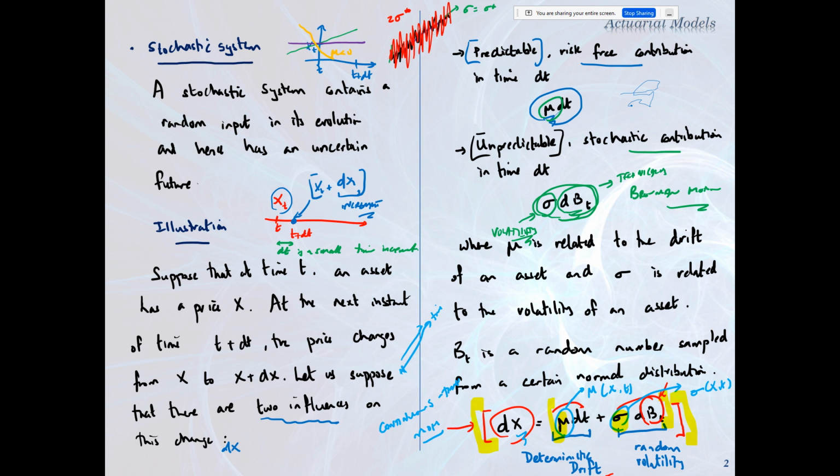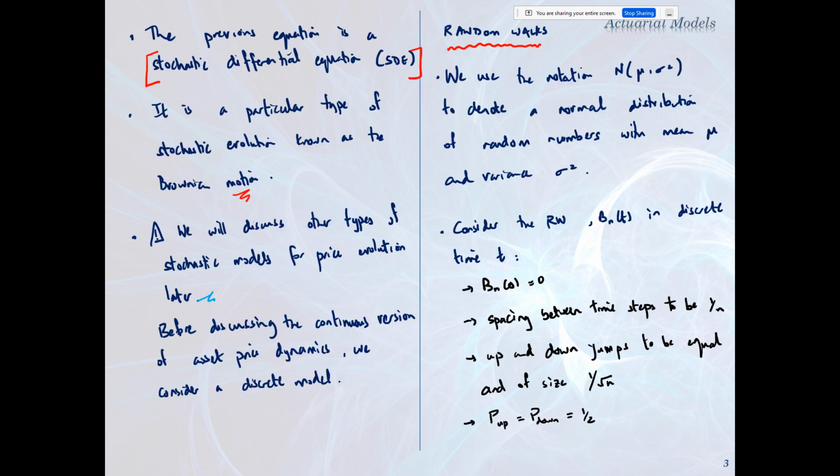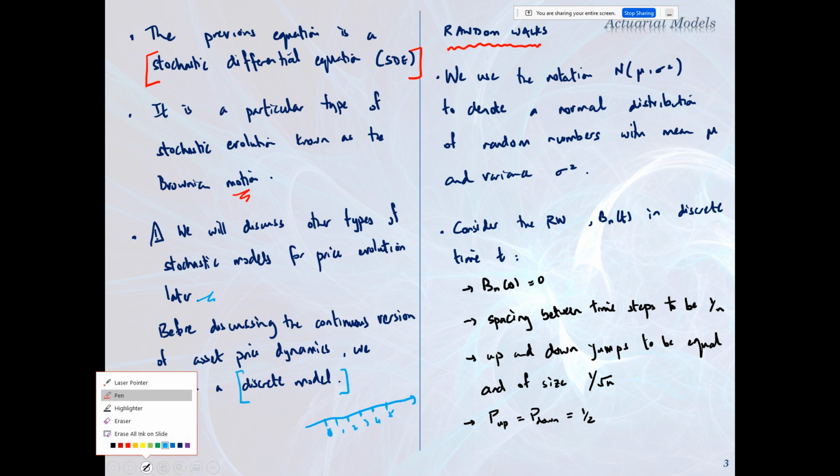To better understand what is happening, we'll consider a discrete model. What is a discrete model? We'll take specific time instants on the timeline and then try to see how we build up until having the Brownian motion.